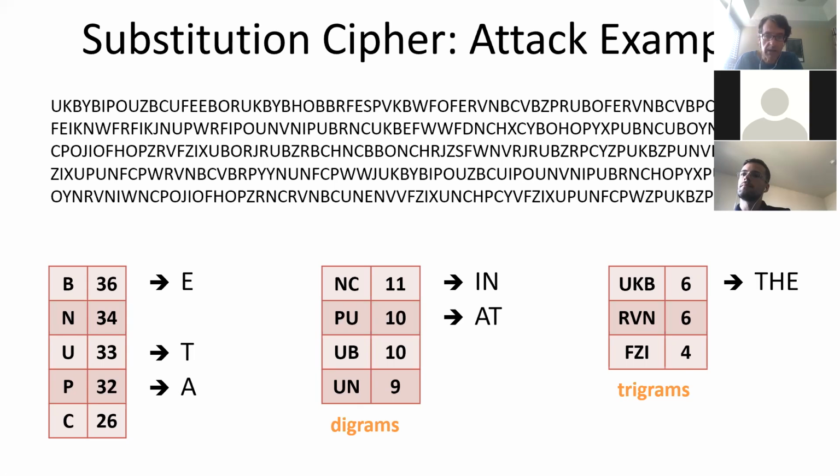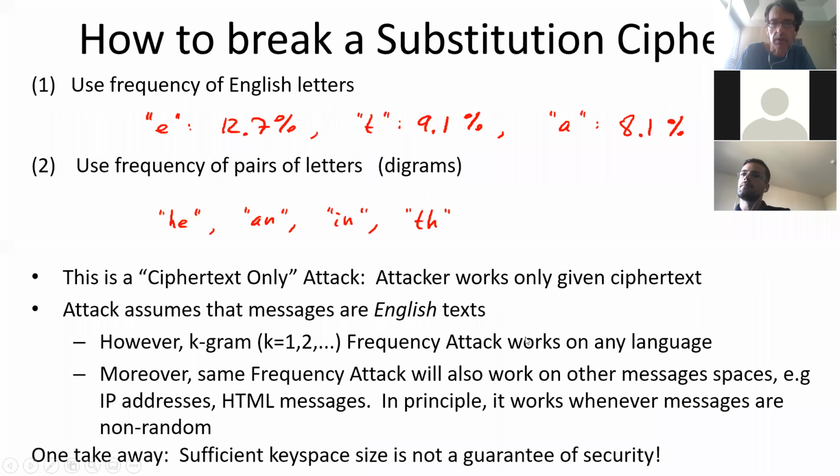So my search space now reduces: if I get half the table in this way, then for the rest, instead of 26 factorial, I have 13 factorial. 13 factorial is a much, much smaller number, right? It's probably like 2 to the 20 or so. So a much faster search on the remaining letters.